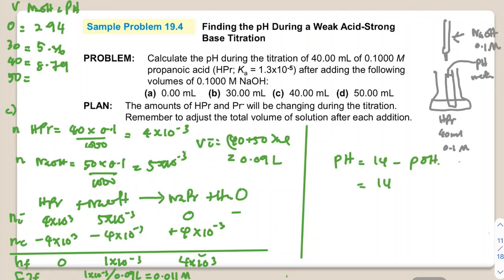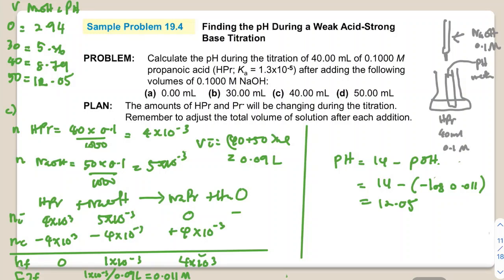It is equal to 14 minus negative log of the concentration of hydroxide, which is 0.011 molar. Then we'll get the pH is equal to 12.05. So we can complete the answer here. After 50 ml is added, the pH of the solution is 12.05.